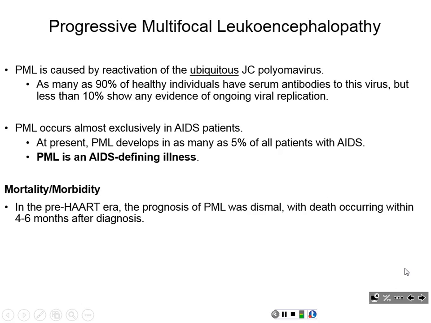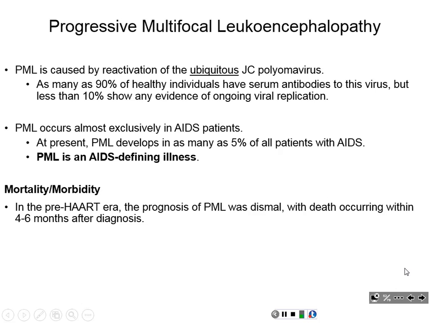It almost occurs exclusively in AIDS patients and is an AIDS-defining illness. And usually the immune system keeps it in check. So really, you've got to have T cells less than about 100 for this to be a problem. It's considered a slow infection. So we've talked about acute, subacute, chronic. This is a slow infection.